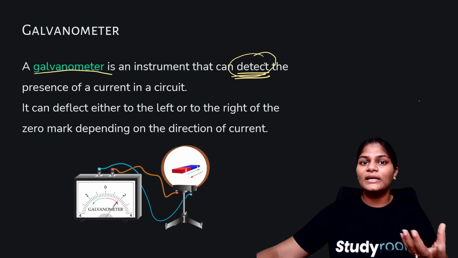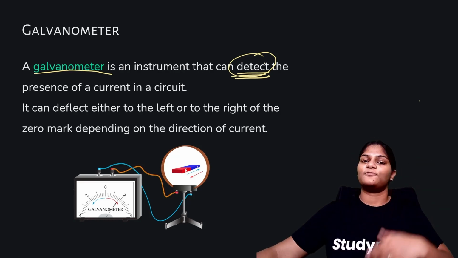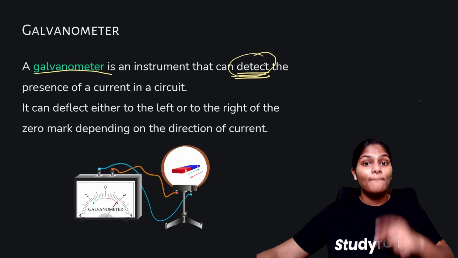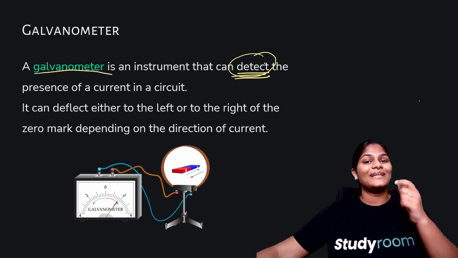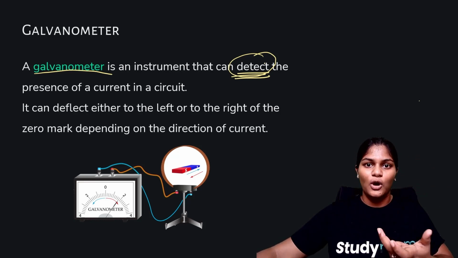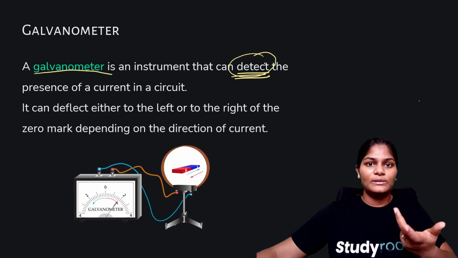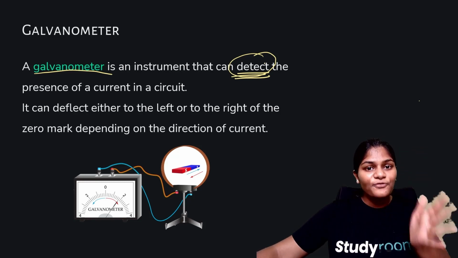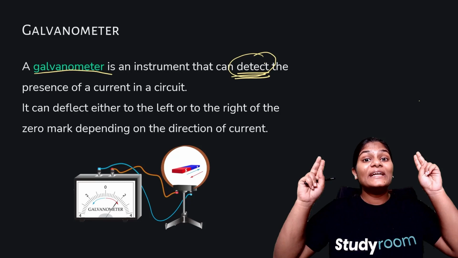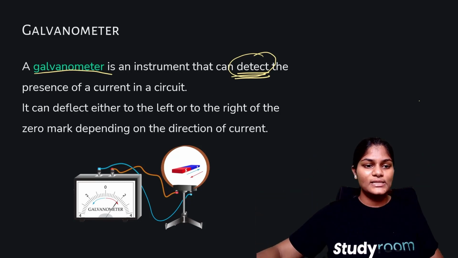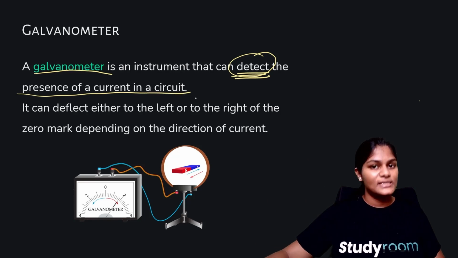If an ammeter is connected, it will tell you 3 amperes of current is flowing or 4 amperes of current is flowing. But the galvanometer doesn't actually give you any measure of the current or whatever it measures. It only tells you if a current is there or not. It only detects the presence of a current in a circuit.